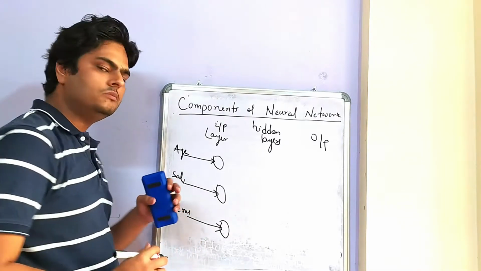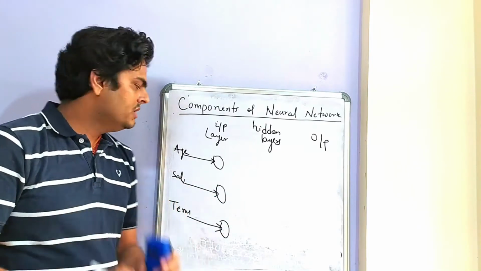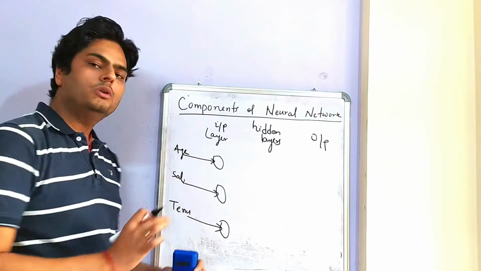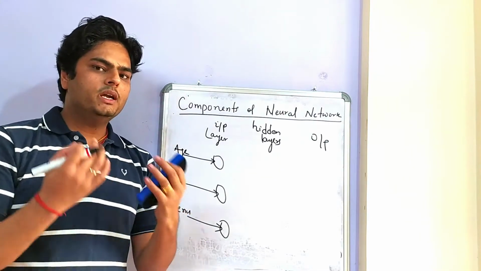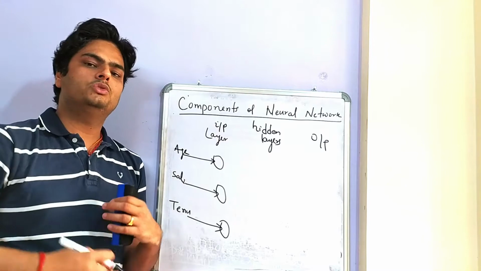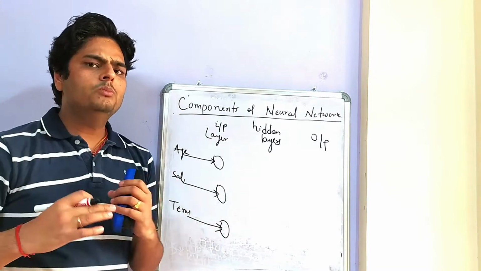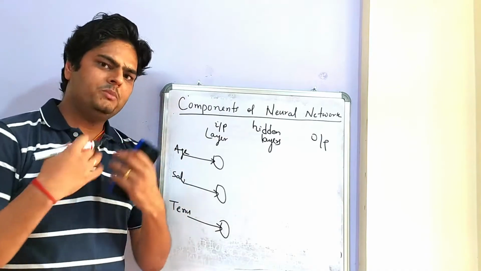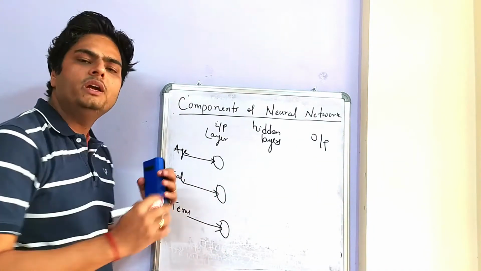Now, from your common business understanding, you will know that age, salary and tenure are not equally responsible for someone to take a decision whether he or she wants to stay or leave the organization, right? So, I want to give more weightage to salary from my business understanding. So, I will assign some weights here.